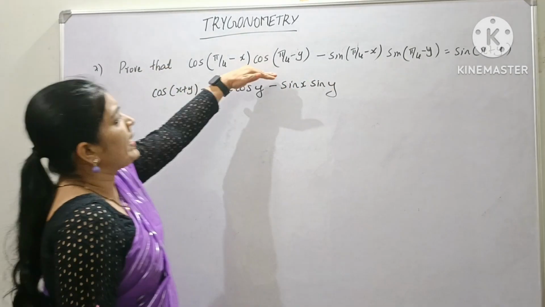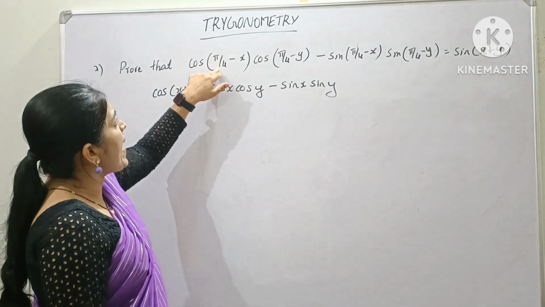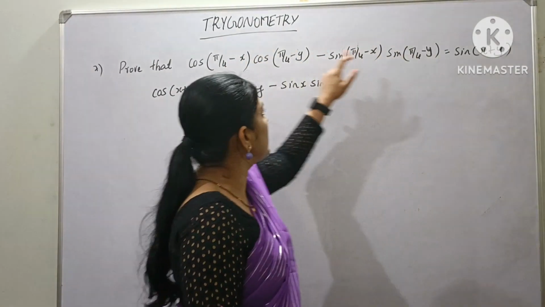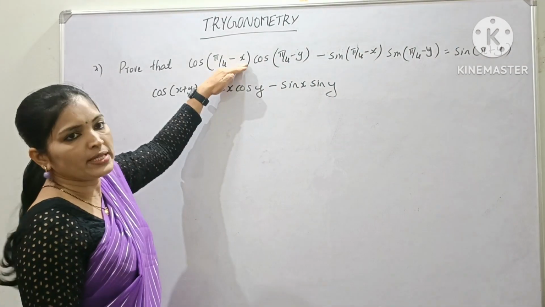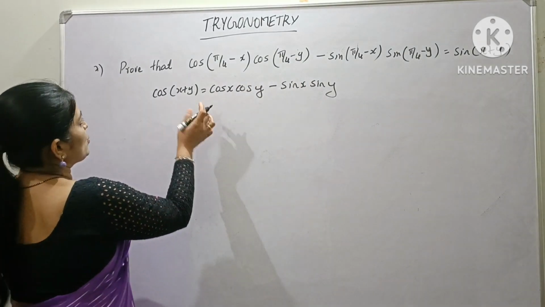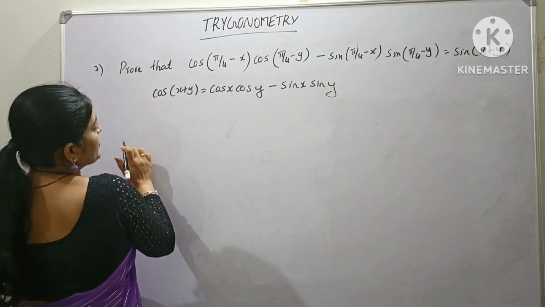Given LHS is in the form of cos x cos y minus sin x sin y. Here what is x? Pi by 4 minus x. What is y? Pi by 4 minus y. Now let us substitute. So it is nothing but cos of x plus y.